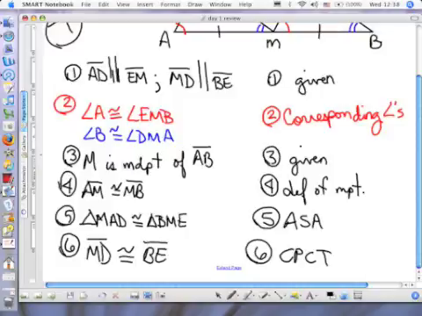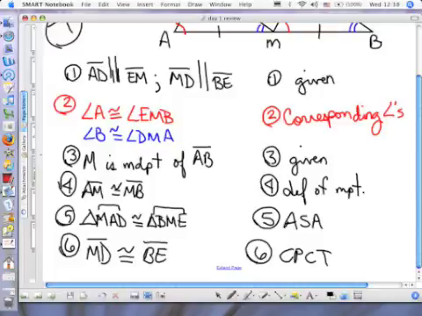And we're trying to figure out if these two sides are the same. Once I prove that they are congruent and I list out the letters in the right order, I see that MD and BE do correspond. They are in the same locations. They are the corresponding sides.